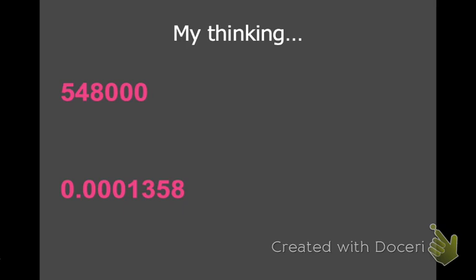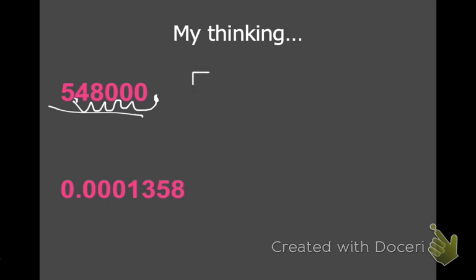Okay, so right now on this number right here, my decimal is technically at the end. All right, so to change it so that I have a number between 1 and 10, I need my decimal to go between the 5 and the 4. So I need to count how many I needed to move it over. So I'm moving it 1, 2, 3, 4, 5.